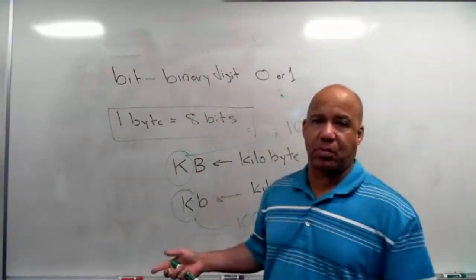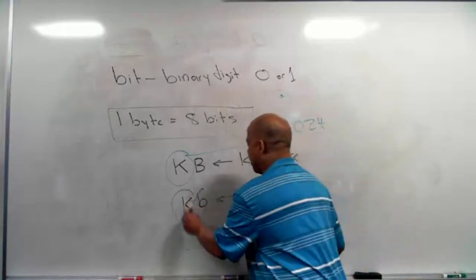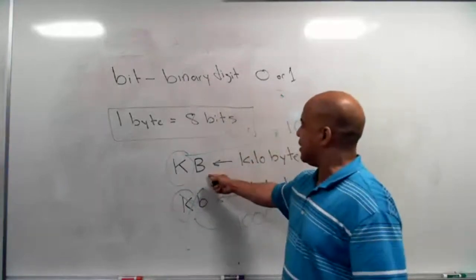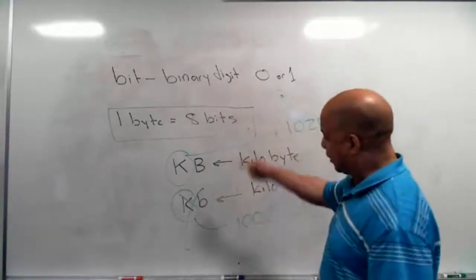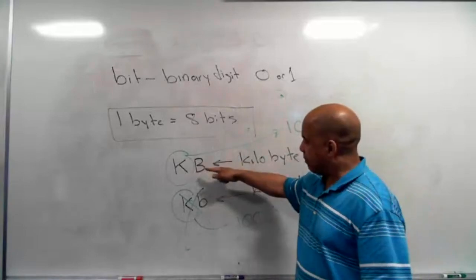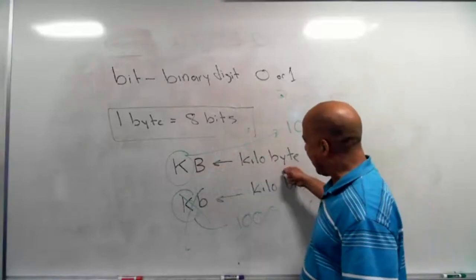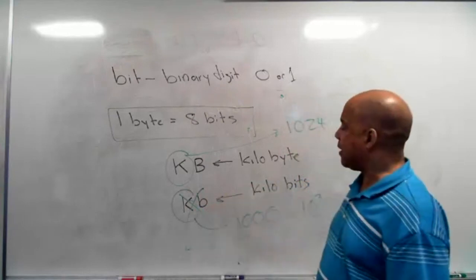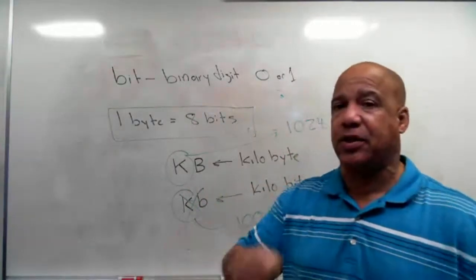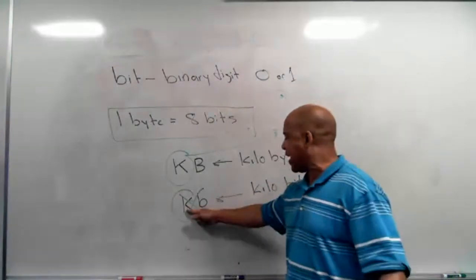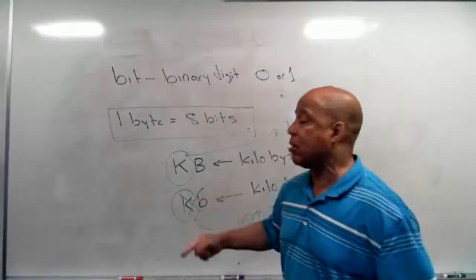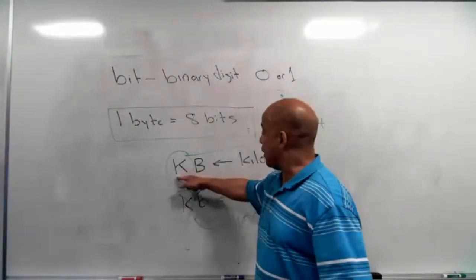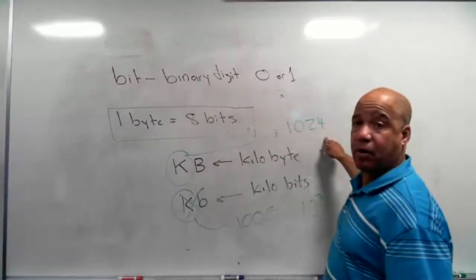Well, now we don't use modems anymore. This is old stuff. So now we think about kilobytes. But know the difference between K with an uppercase B, kilobyte, and K with a lowercase b, kilobit. That's the easy part. The part you might forget is, because we engineers know that kilo means 1,000, well, to a computer, a kilobyte is 1024.